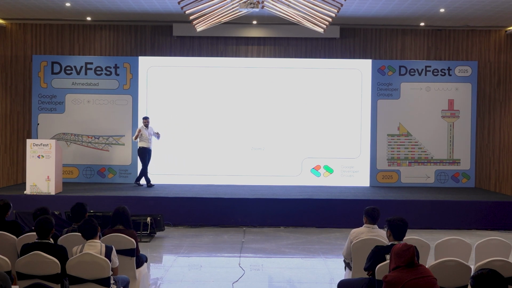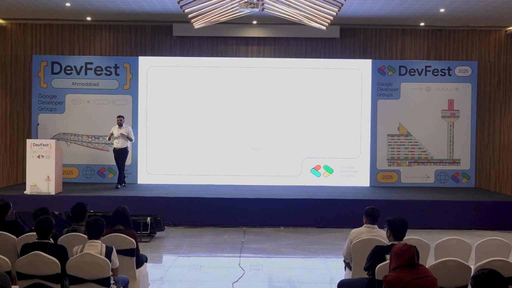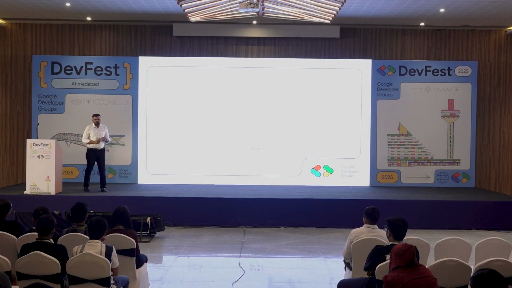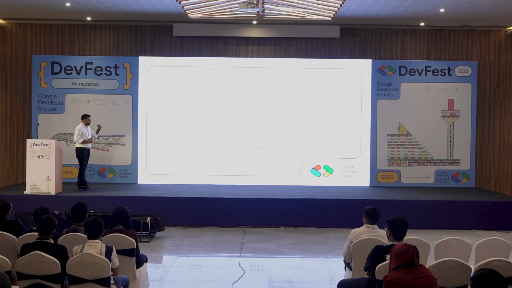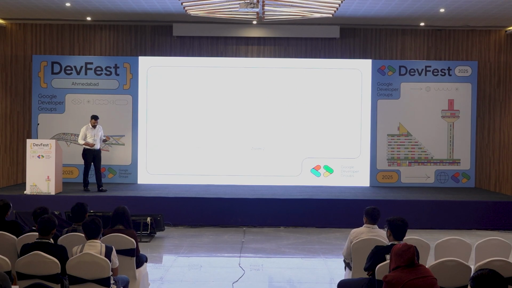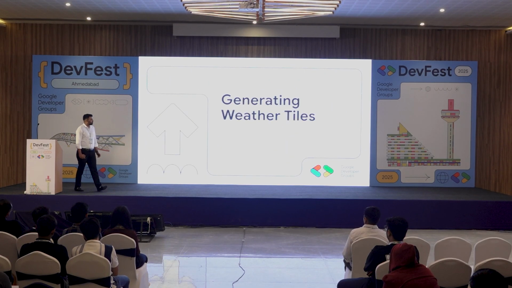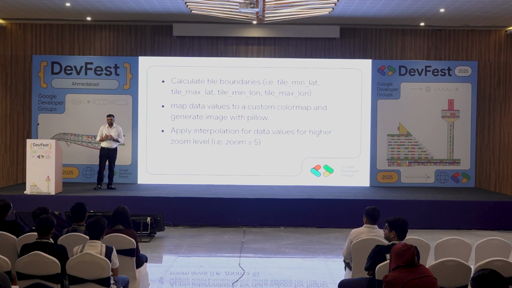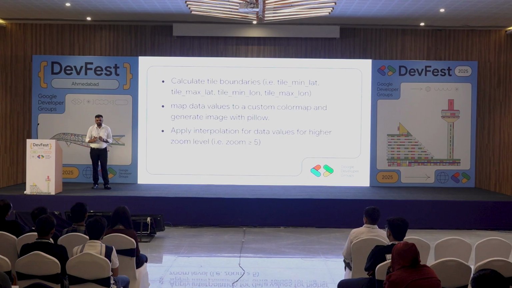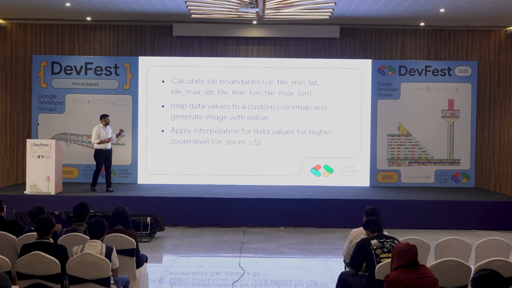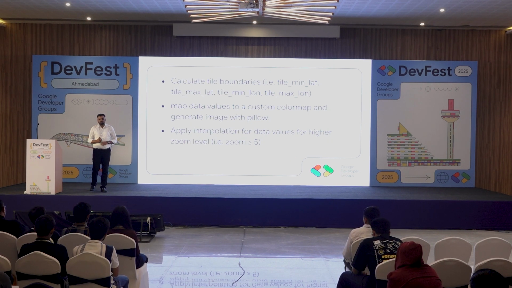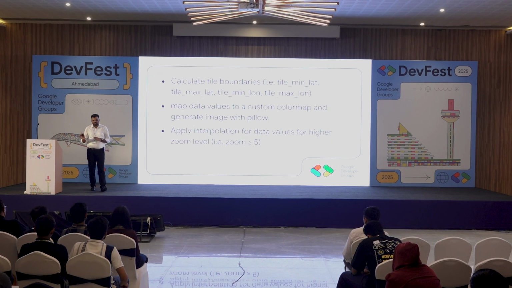We need to capture all the data we have in latitude and longitude form and map those values here. We need to use different color maps for visualization purposes, and we also need to do some kind of interpolation to make a smooth image.